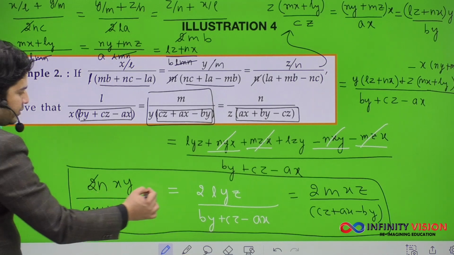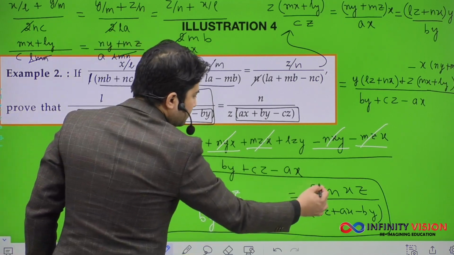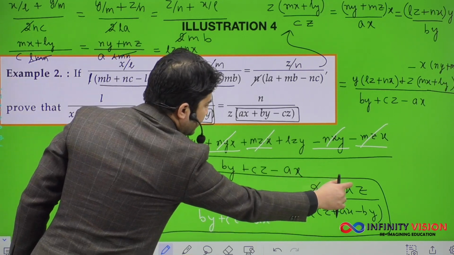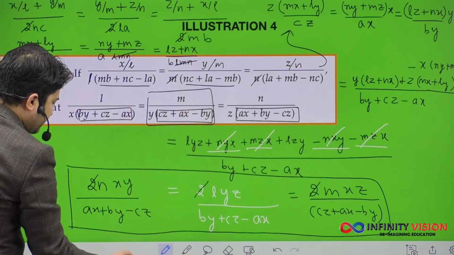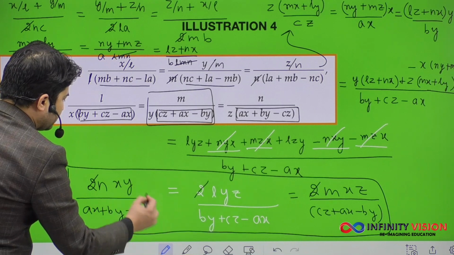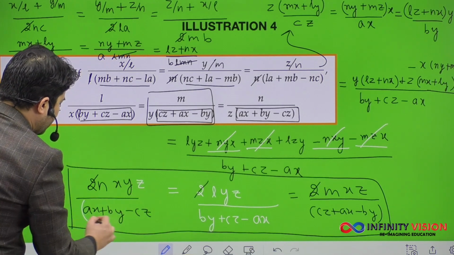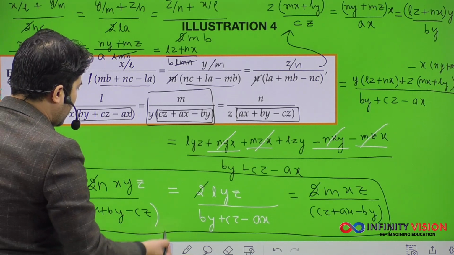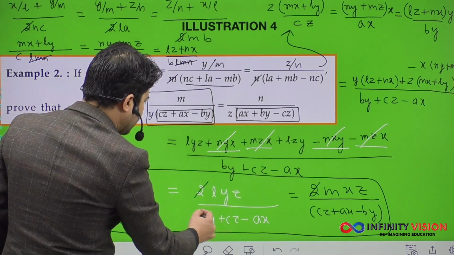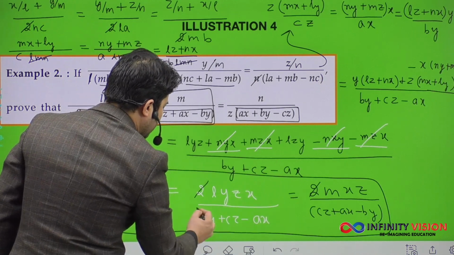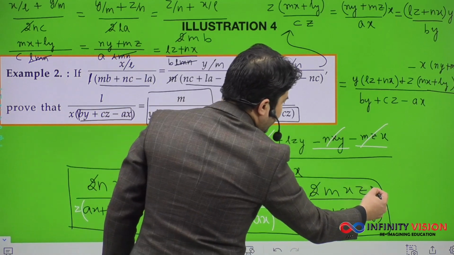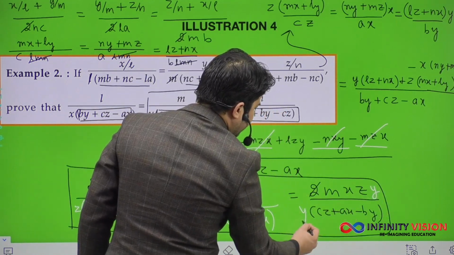Our 2 will be cancelled, and then you have xy, then yz, then xz. I am going to write z here and put z in the down. I am going to write x here and put x in the down. I am going to write y here and put y down.